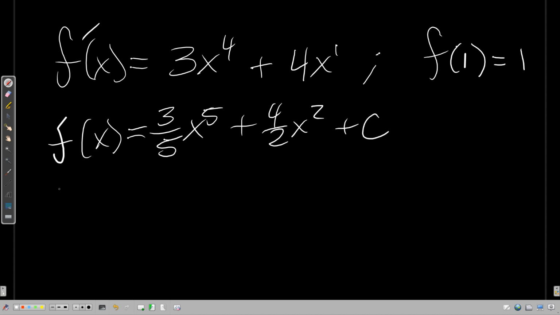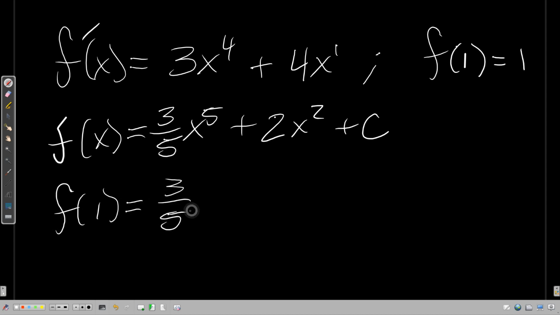Okay, well, I know that this 4 over 2 is just 2, so let me fix that. And then we know that f of 1 is 1. So f of 1 would have to be 3/5 times 1 to the 5th plus 2 times 1 squared plus c, and it's got to equal 1.